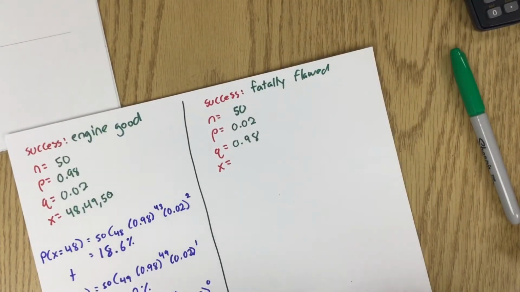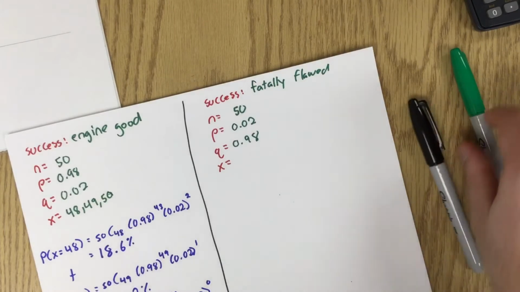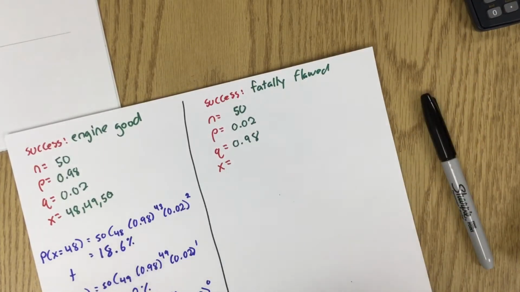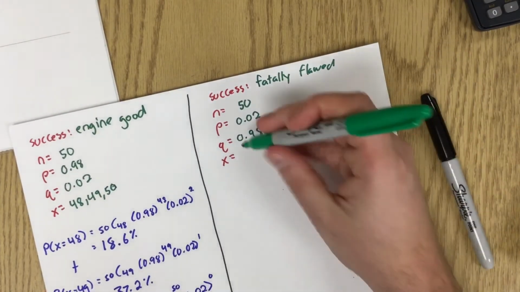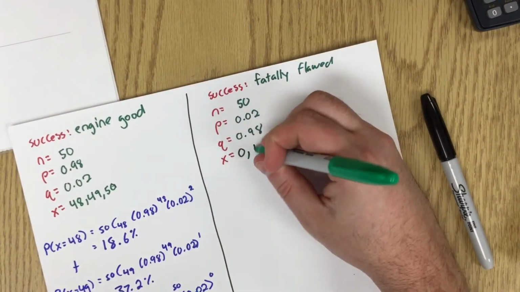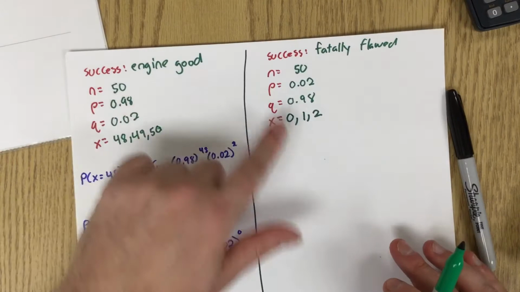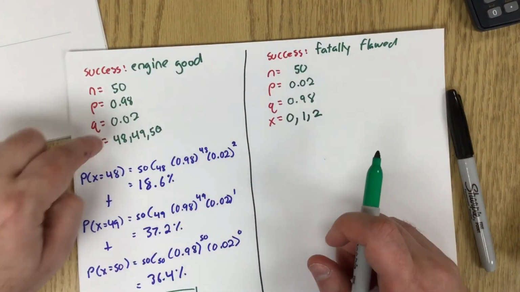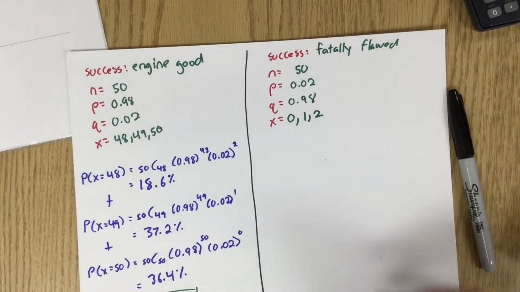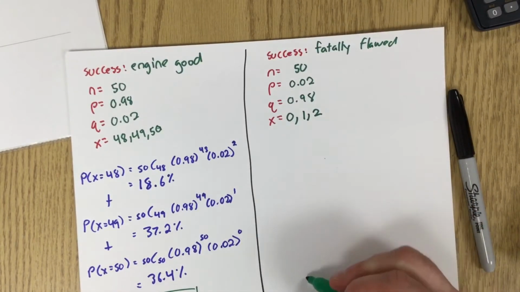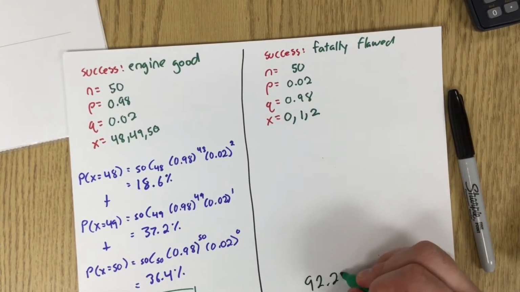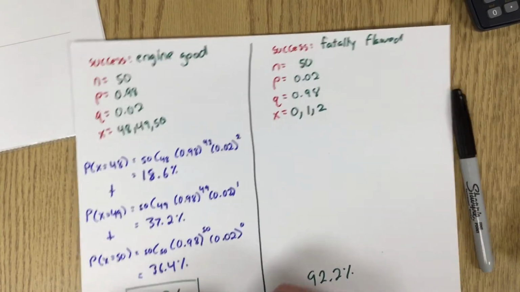So saying at least 48 good is like saying at most 2 bad. And the cases are going to be 0, 1, and 2. So notice, changing the definition of success doesn't actually change the number of cases. We still have 3 cases. It's just they're going to be different. And if you calculate those 3 cases, you would also find that the probability was 92.2%.